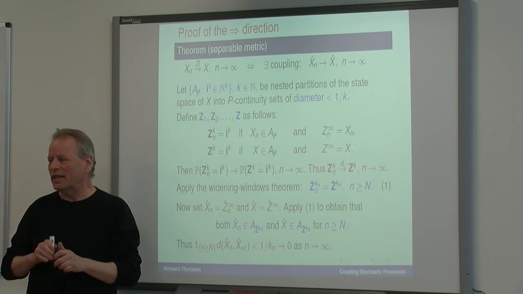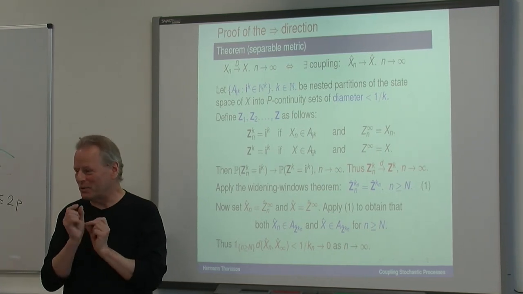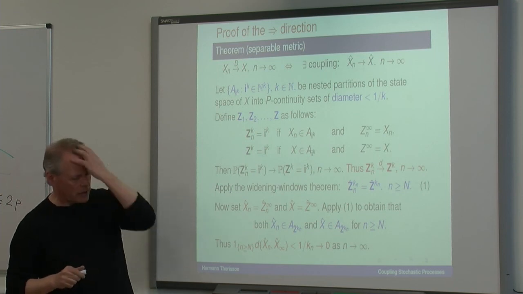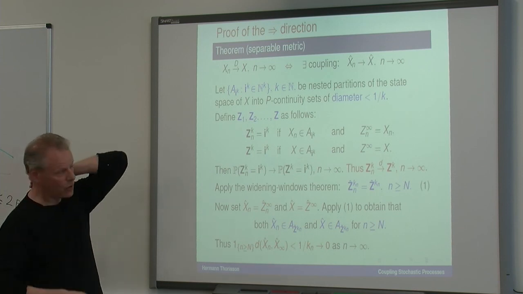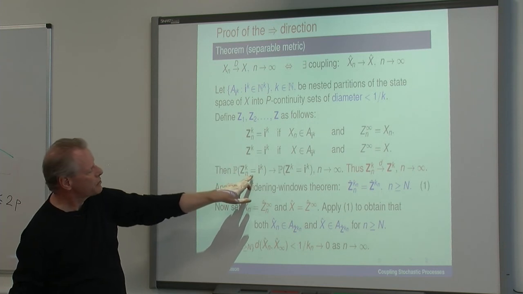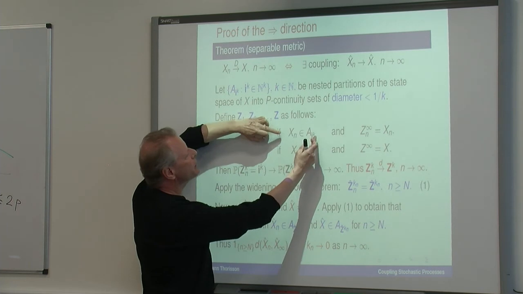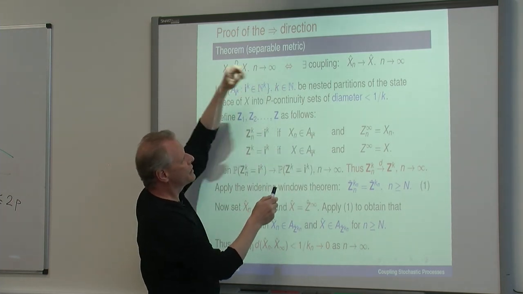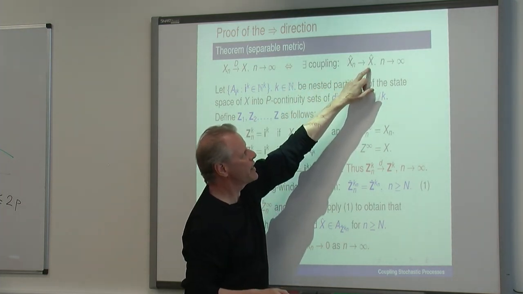Skorohod assumed that he had a complete space to be able to use completeness to get the limit. Dudley used another trick, which is sort of embedded in this whole theory here. But from this, we have that these probabilities tend to this. Because P continuity set says that the boundary has P measure zero, where P is the distribution of x.